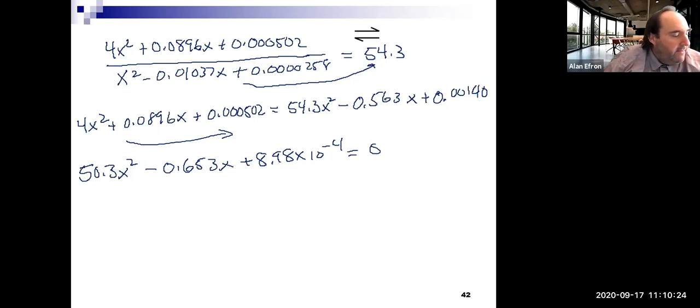Any questions on that math? That is the step-by-step math of it there.